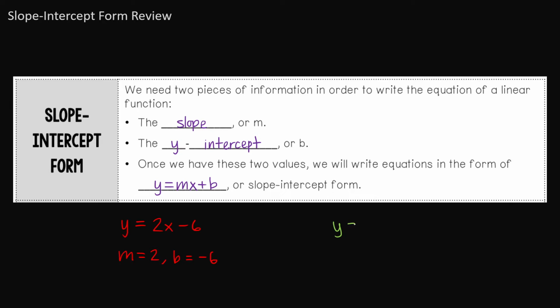If we have the equation y equals 1/2 x, that means the slope, or m, the number that's being multiplied by x, is 1/2, and the y-intercept, the number that's being added or subtracted at the end of the equation, well, I don't see anything, so the y-intercept for this equation would be 0. So that's just a quick review.